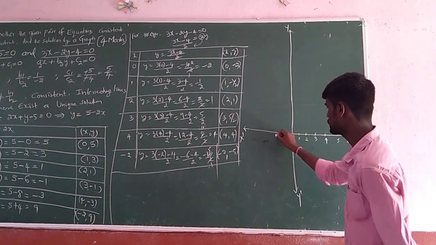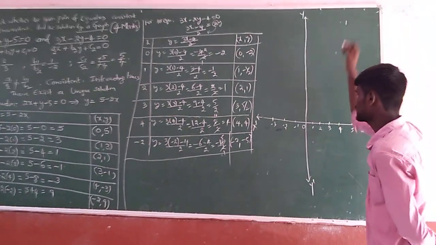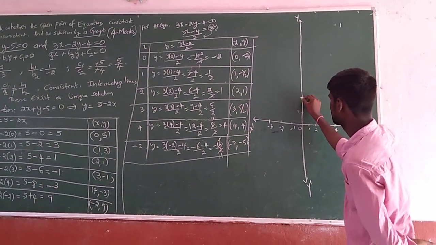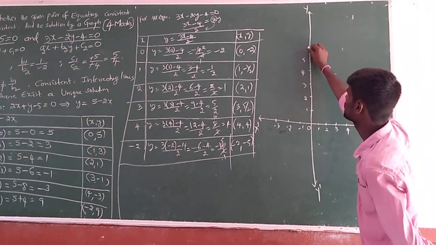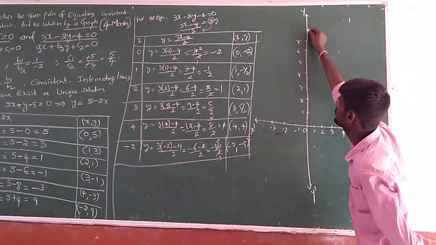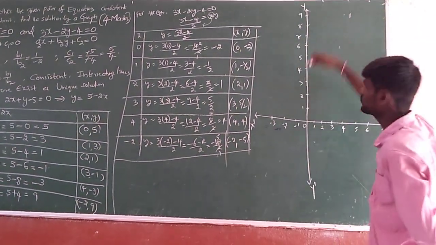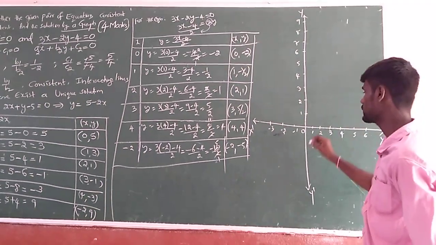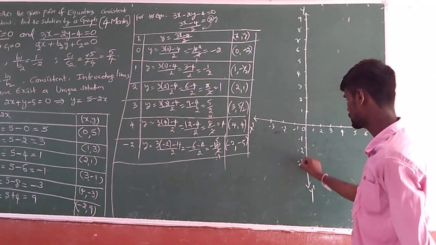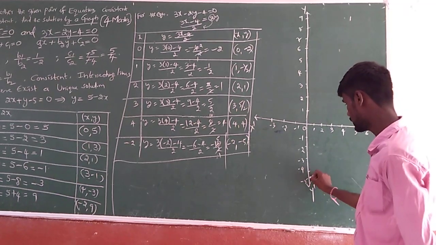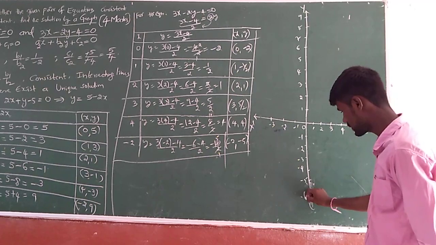Next, minus 1, minus 2, minus 3. Next, on the y-axis: 1, 2, 3, 4, 5, 6, 7, 8, 9, up to 9 maximum value. If you have space, we can extend. Minus 1, minus 2, minus 3, minus 4, minus 5, or if you extend, we may get minus 6.